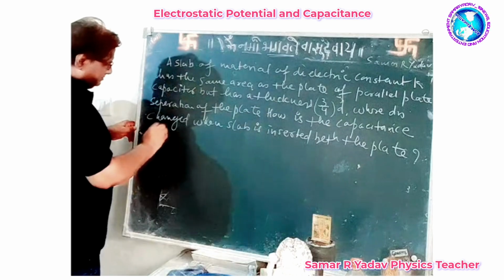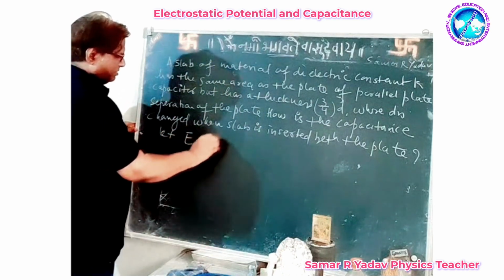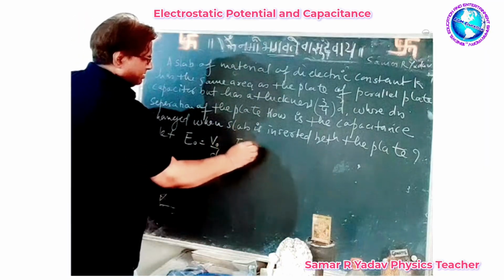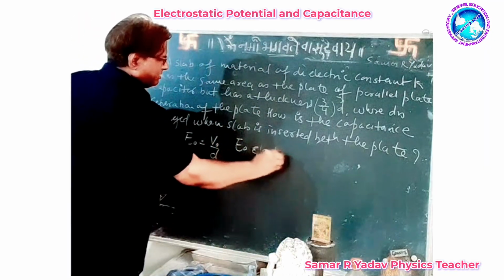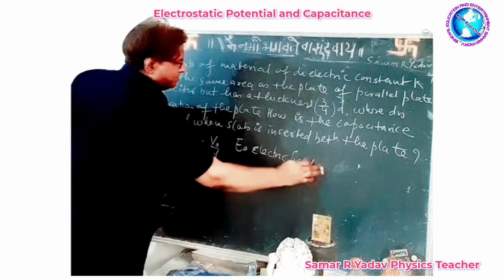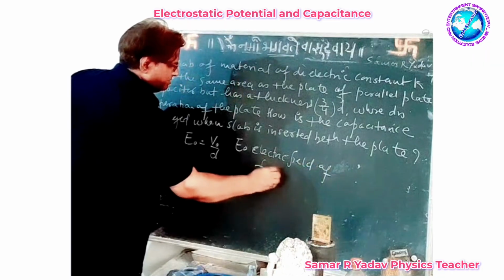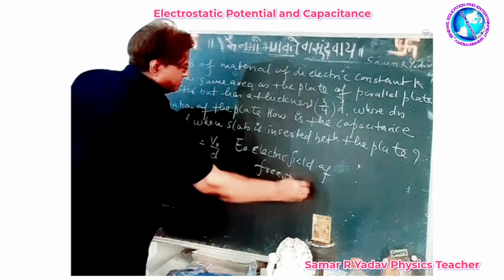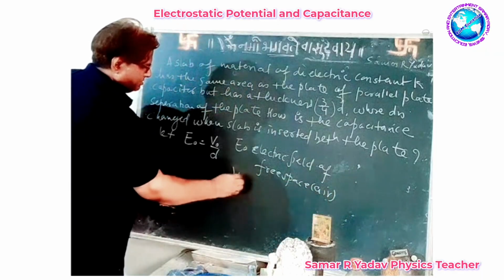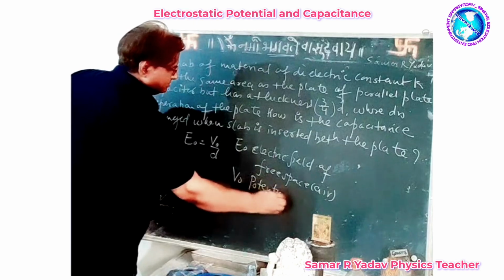Now let E0 is equal to V0 upon D, where E0 is the electric field of free space or air, and V0 is the potential difference.